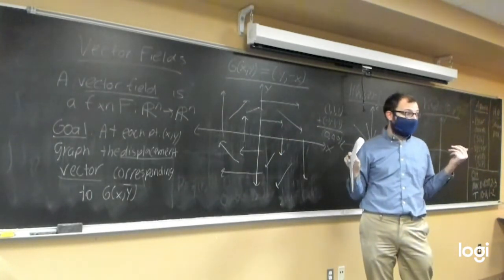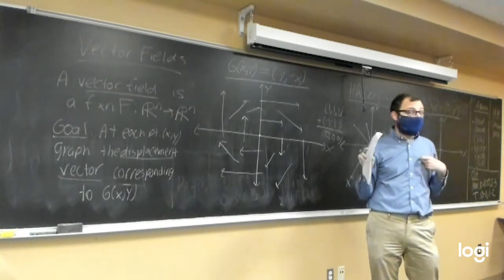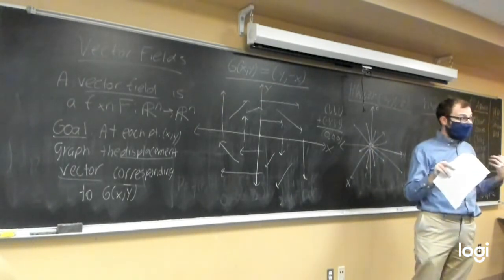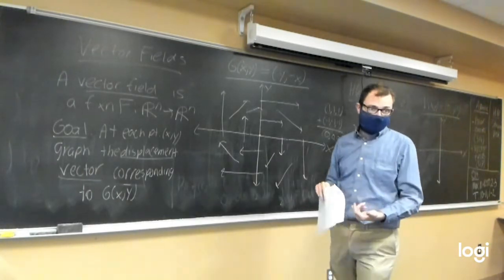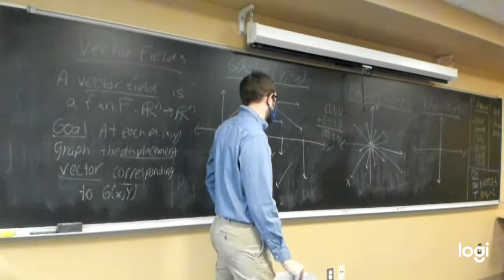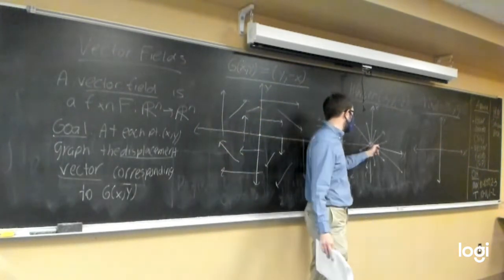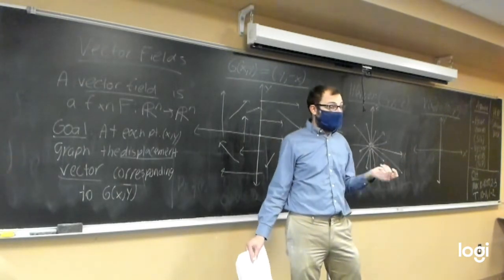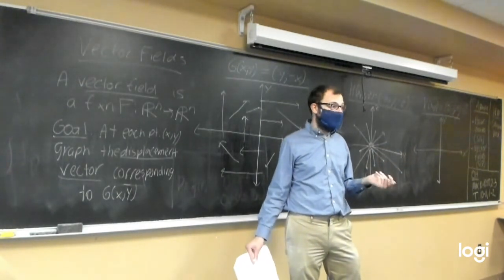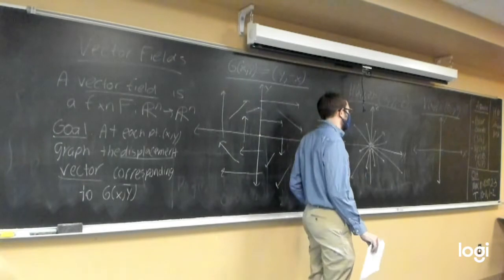If we started at any point A, B, C, and then traveled in the direction of -A, -B, -C, we would end up at 0, 0, 0 at the origin. So in this one, all of the arrows are going to be pointing inwards to end at the origin. I would actually call the origin a sink or an attractor in this case, which is something we might get to on Wednesday.